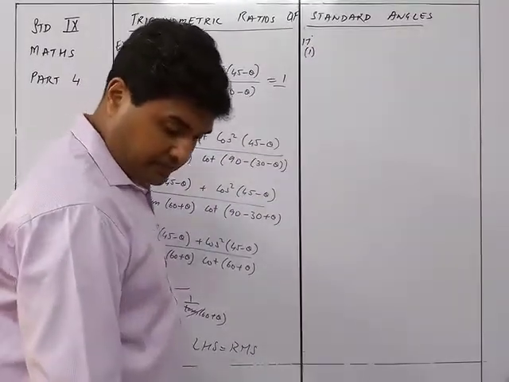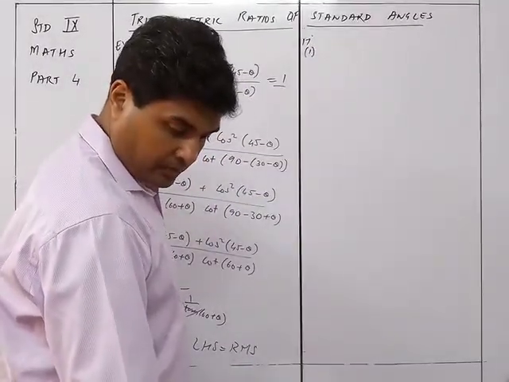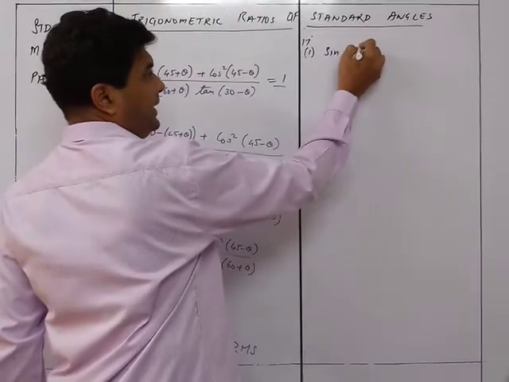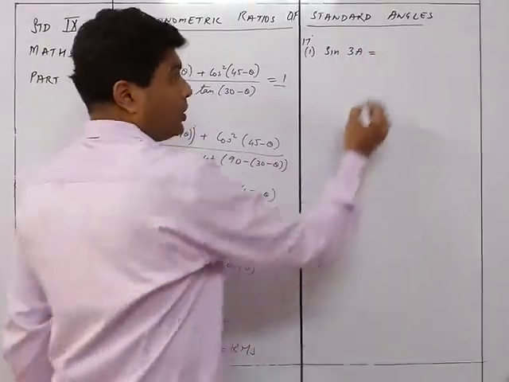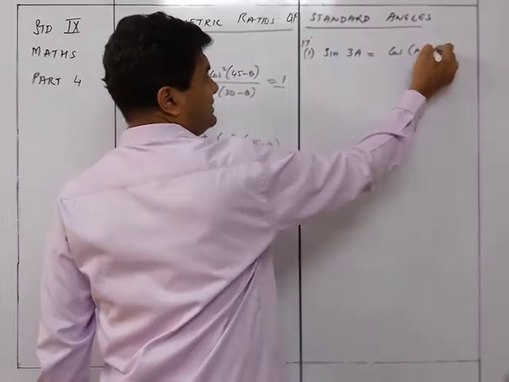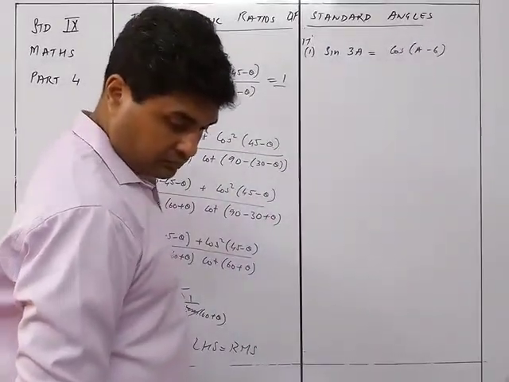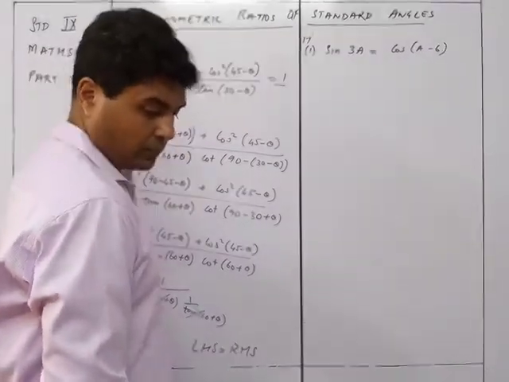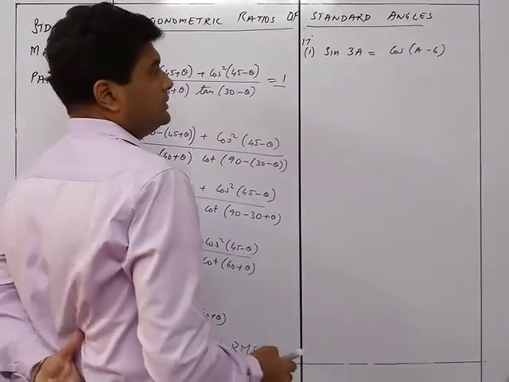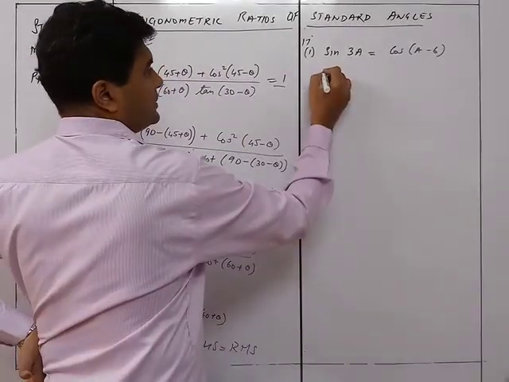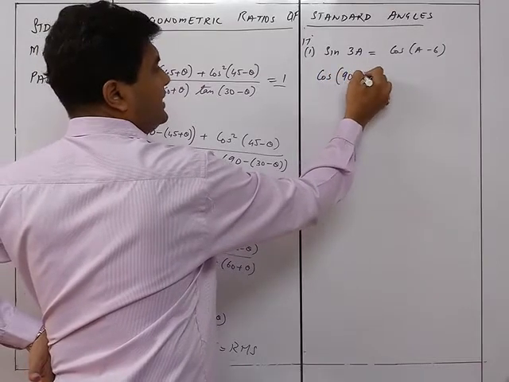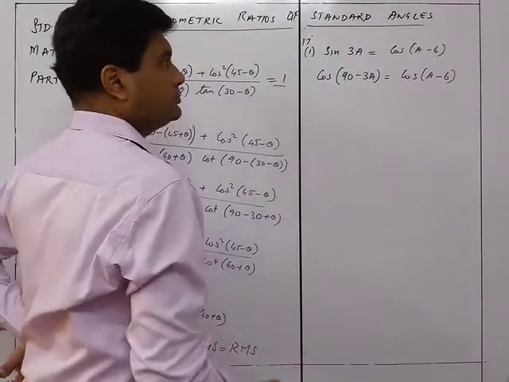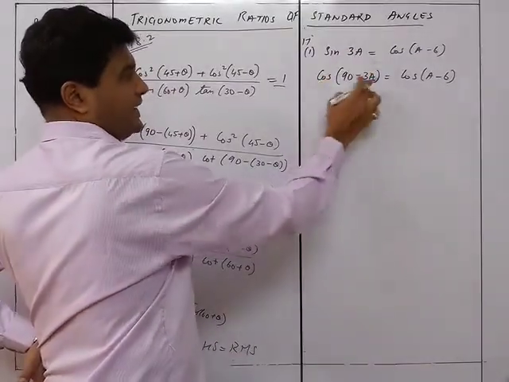So, in the first, given that sine 3A is equal to cos A minus 6, you need to find out the value of A. Okay. So cos 90 minus 3A is equal to cos A minus 6, because sin theta is equal to cos 90 minus theta.